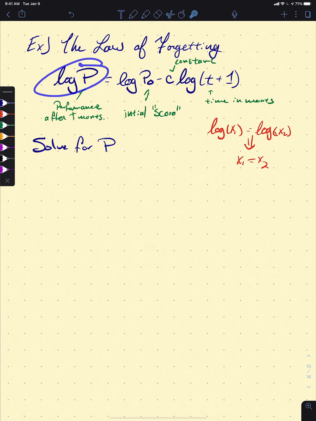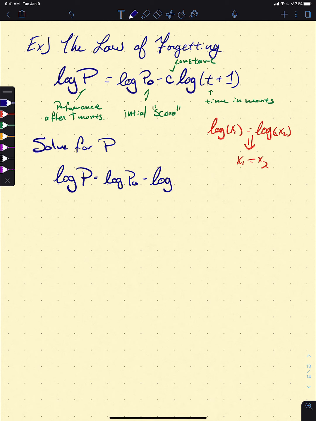So we have log of p on this side, and we want to isolate log of something over there. So let's do that a step at a time, right? We have log of p. Well, we have log of p naught minus, what if I move that constant up, T plus 1 to whatever my constant is.